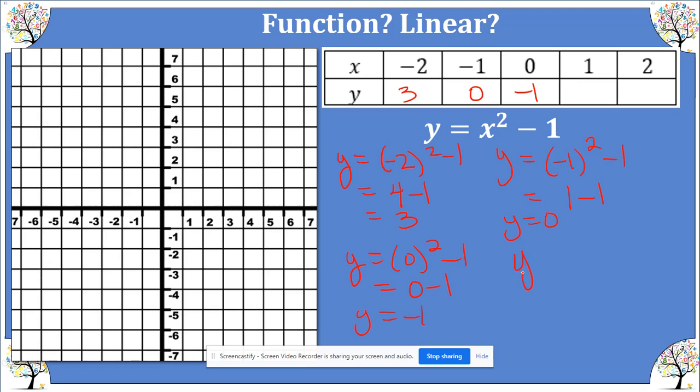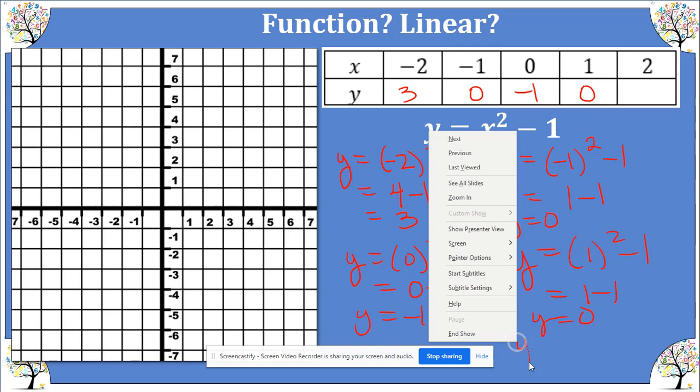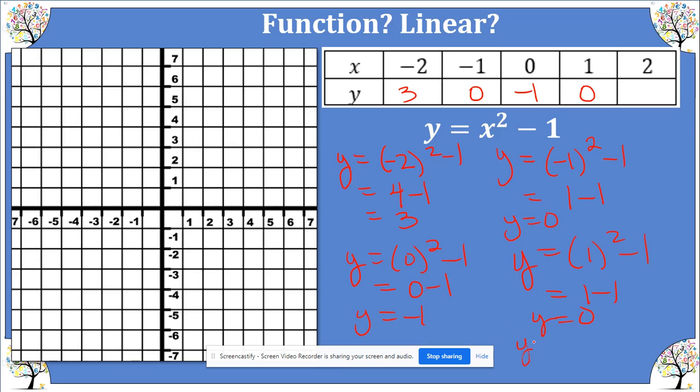We're going to plug in +1, and we get 1 squared is 1 minus 1, and y is 0. We're going to plug in 2 for x. We square, and we get 4 minus 1, which is 3. Now let's graph these.